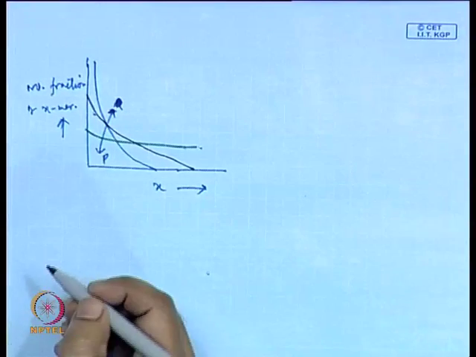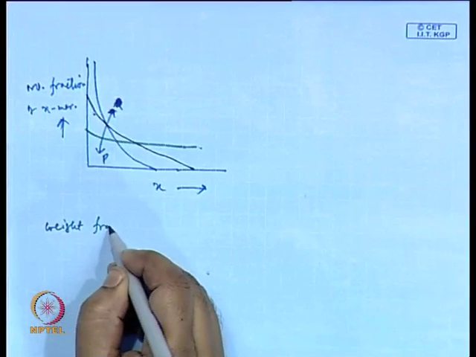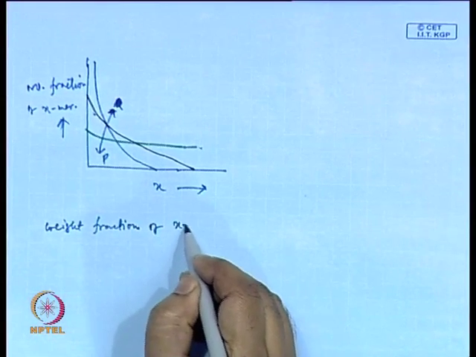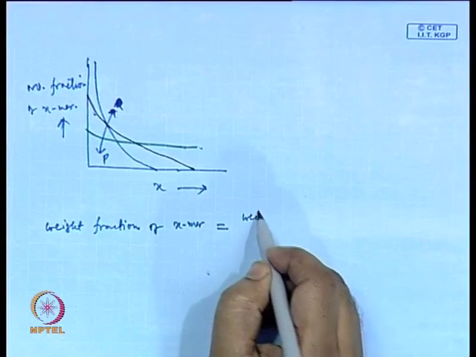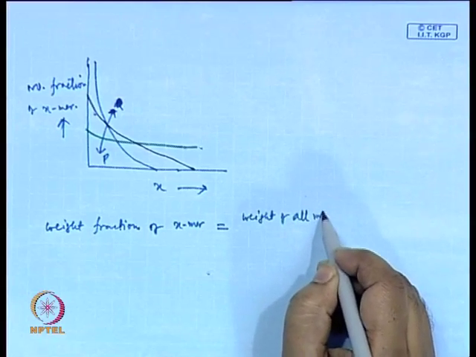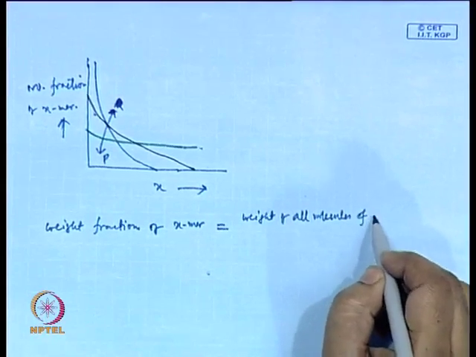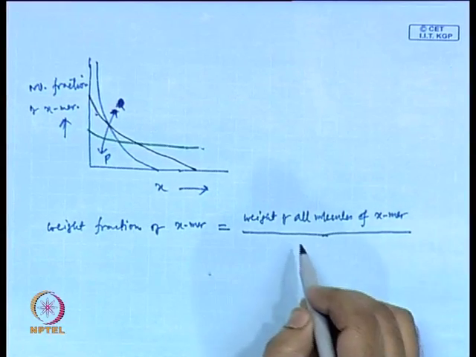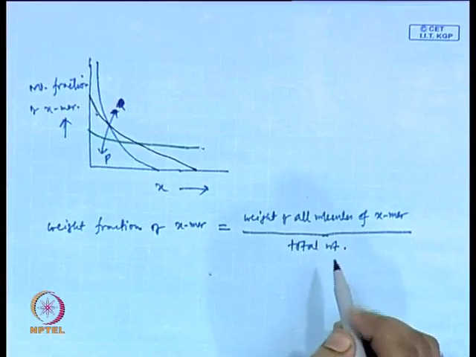So, how do you get weight fraction? Weight fraction of x-mer is the weight of all molecules of x-mer divided by the total weight of the mixture.